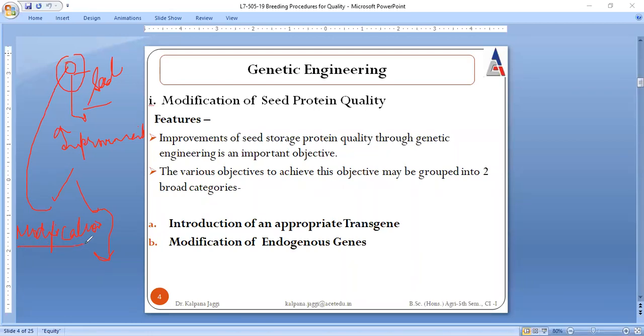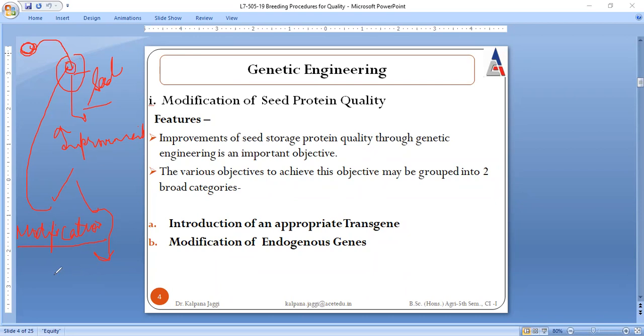In case this strategy fails, just giving a hypothetical example, then what is the alternative? The alternative is that you isolate a gene from the outside, and then this gene is transferred at this place.